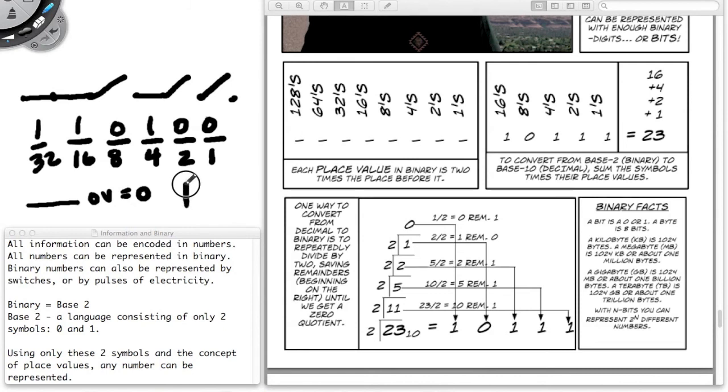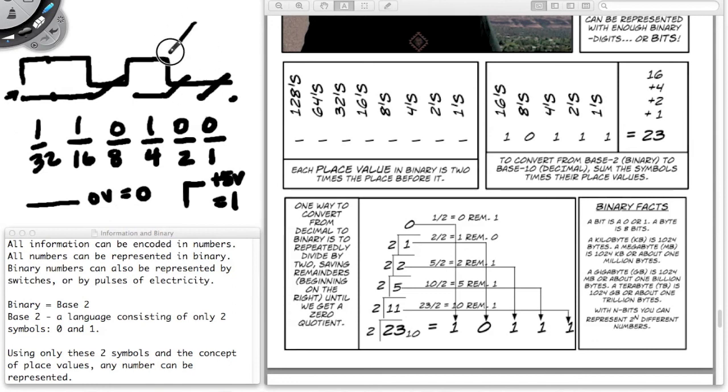And if the voltage goes up to, let's say, 5 volts, that's going to represent a 1. So here we want to represent this number again as voltages. It goes up to 5 volts and stays there for another bit, a bit being a 0 or 1. It goes down for the 0, back up for a 1, down for the 0, and stays down for the second 0. So the switches are a model for how data is stored, and this is a model for how data is transmitted across the line.